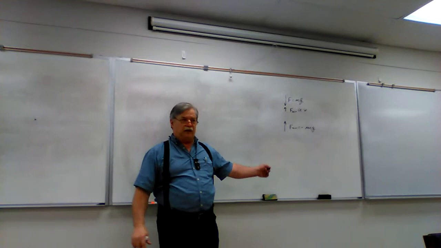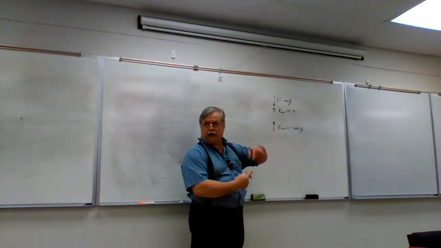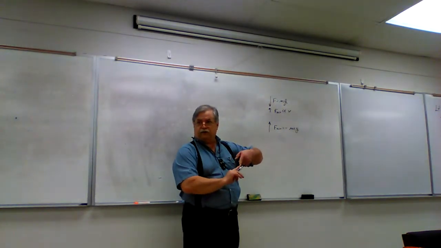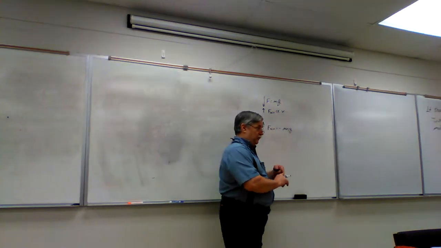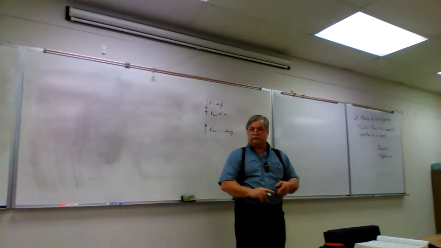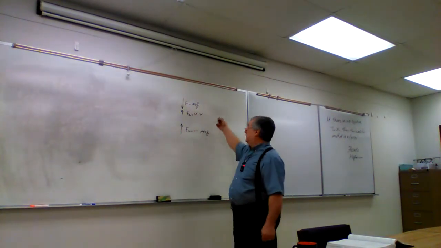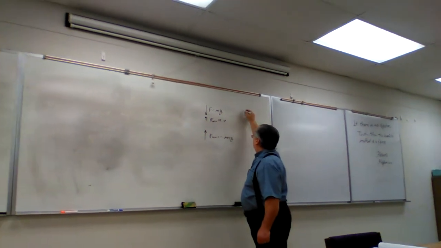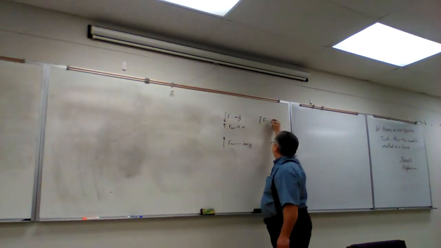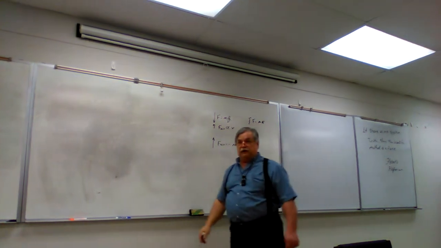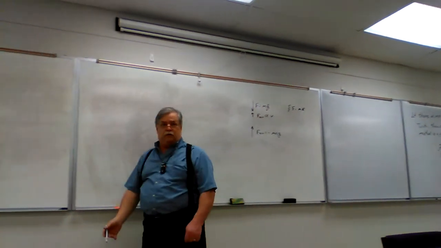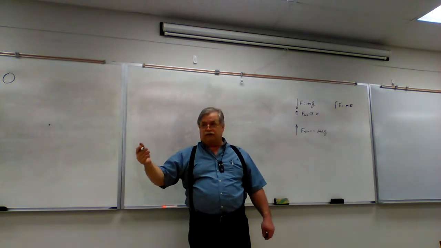When those two vector forces are equal and opposite, they cancel out to zero. The sum of the forces equals mass times acceleration. When the sum of the forces becomes zero, acceleration is zero, and the velocity remains constant.